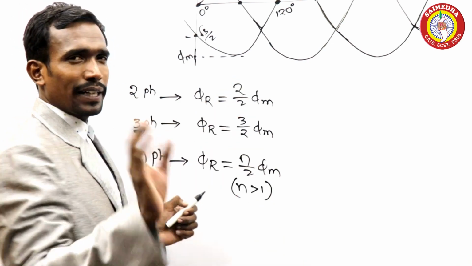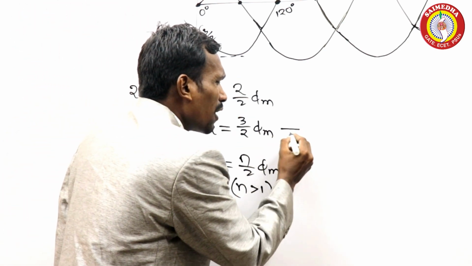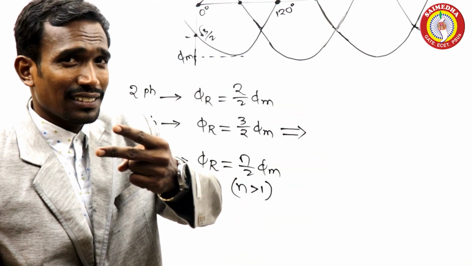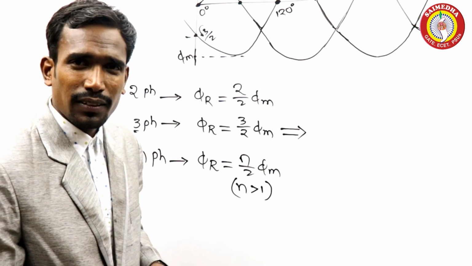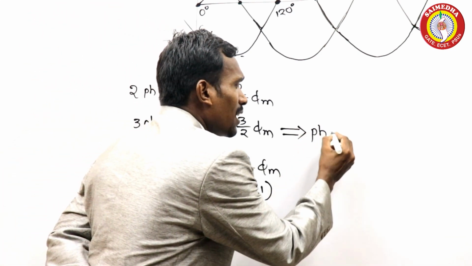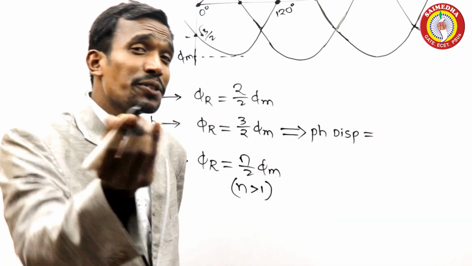Okay, this is a very important question, and another question is also there. What is the phase displacement between two phases? In a three-phase system, the phase displacement between any two phases is 120 degrees.